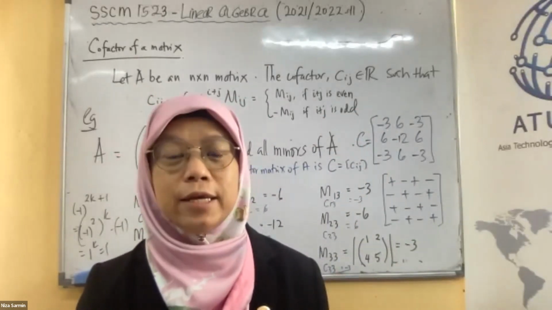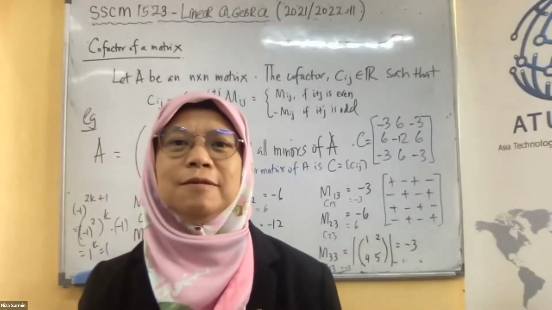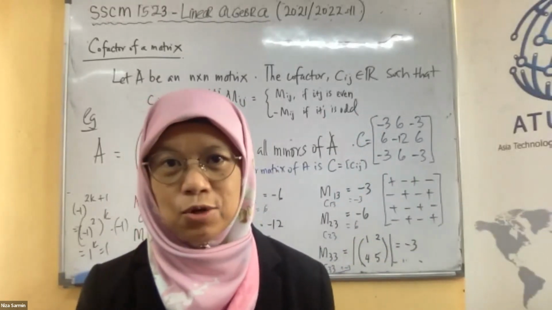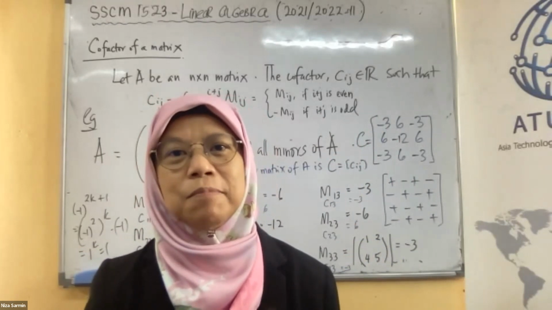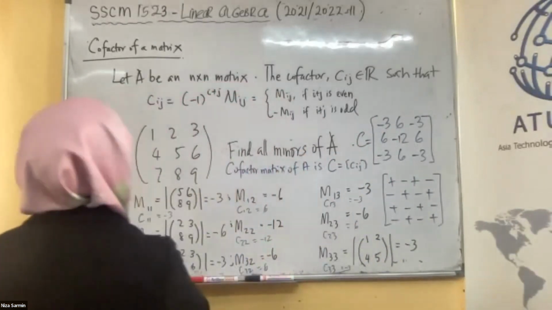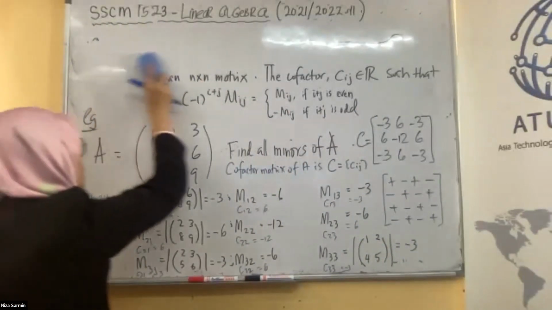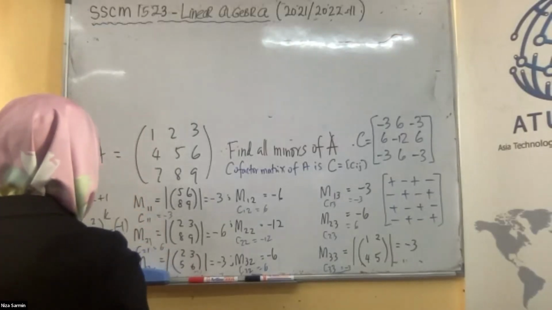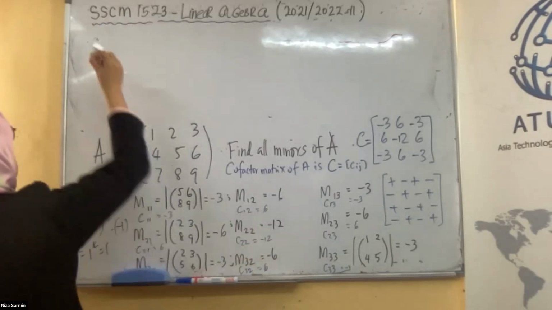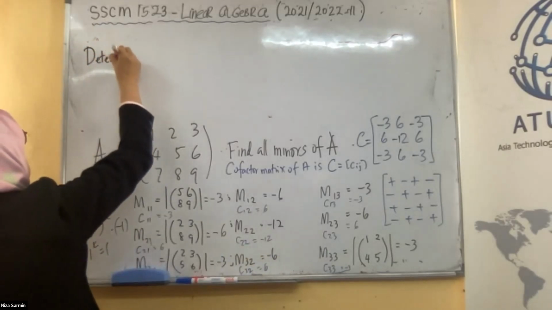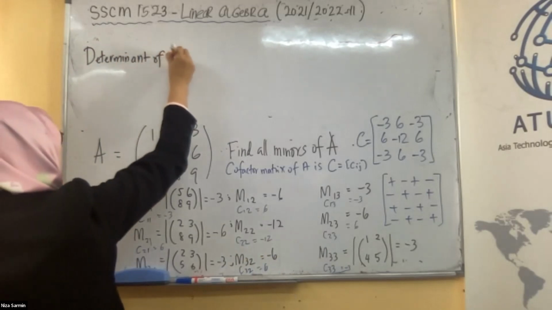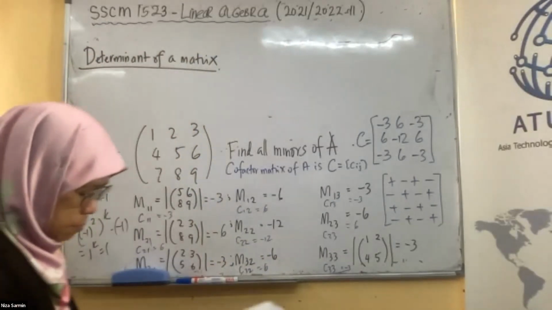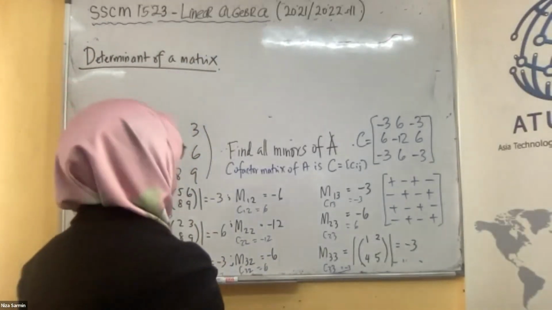Okay, now we are ready to define the determinants, for any dimension of matrix, not necessarily 2 by 2, not necessarily 3 by 3, but any dimension. So now we go back to the determinant of the matrix. All right, so let A be n by n.